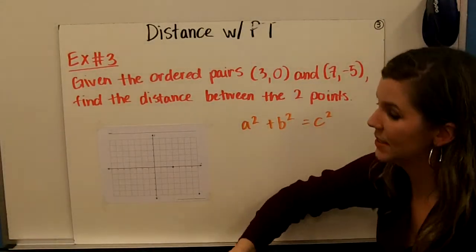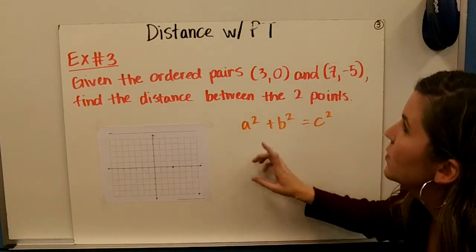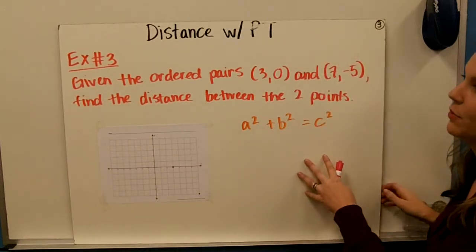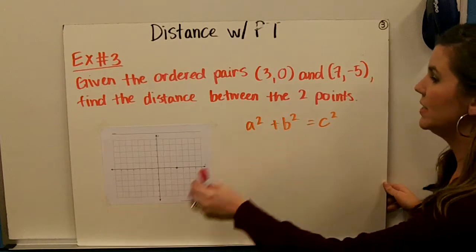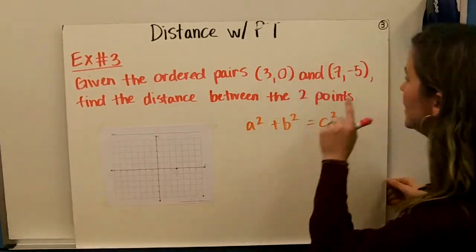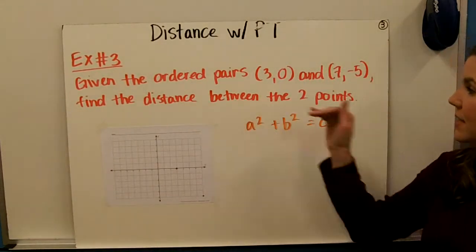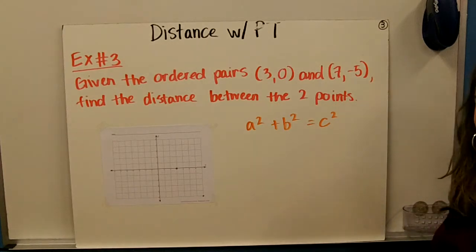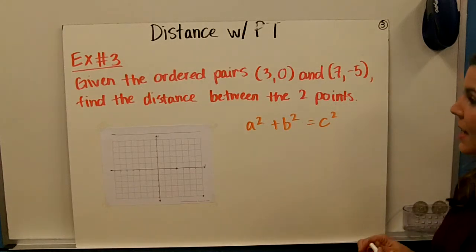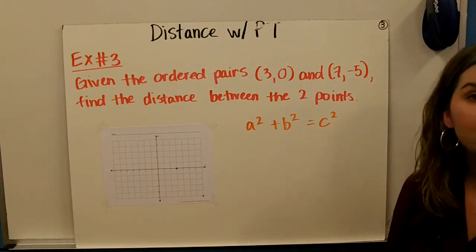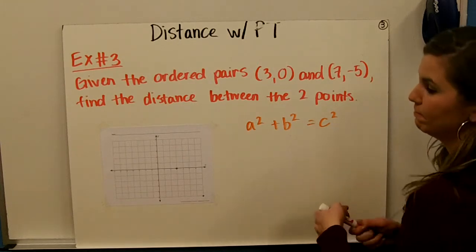Distance with the Pythagorean Theorem. Example 3. Given the ordered pairs (3, 0) and (7, negative 5), find the distance between the 2 points. So we're going to plot the points and find the distance between them using the Pythagorean Theorem.